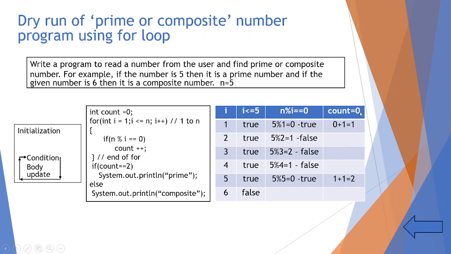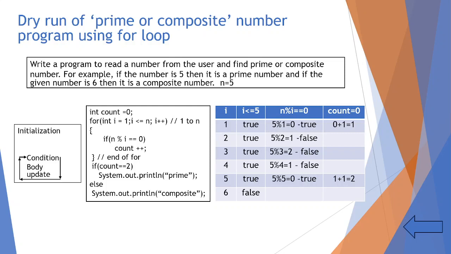Now 0 plus 1 is 1 and then at the end 1 plus 1 is 2. Now in the for loop, we only counted. That's why the dry run has only the iteration part. By the time we come out of the for loop, if the count is exactly 2 factors, then it is a prime number, otherwise a composite number.